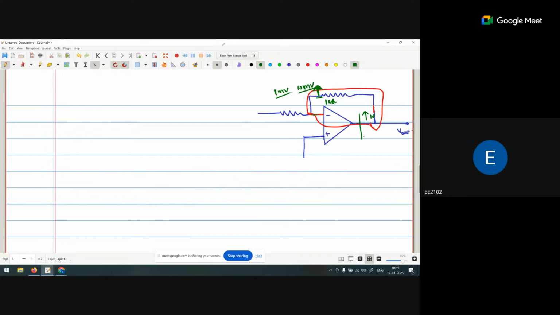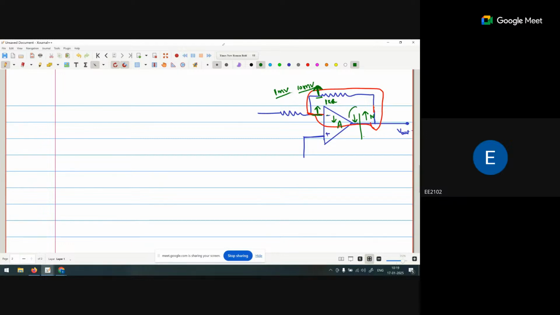Now, again here the voltage is in a positive direction. This voltage will be multiplied with the negative, multiplied with the gain of the amplifier, operational amplifier A, so the voltage will be in the negative direction.